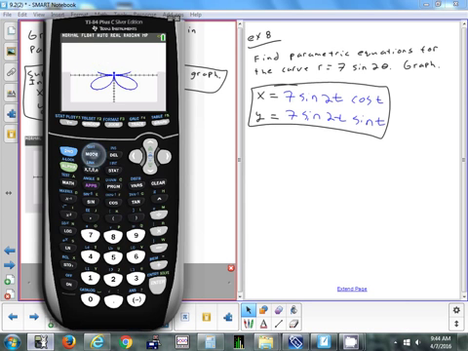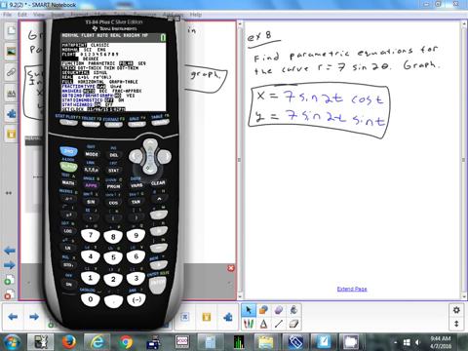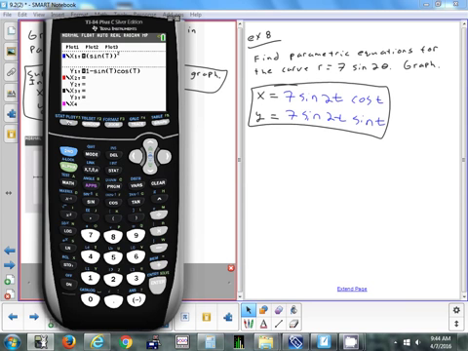Right. Now let me type it in parametric. Let's type in 7 sine 2t. Make sure you close your parenthesis. Cosine t. And 7 sine 2t sine t.